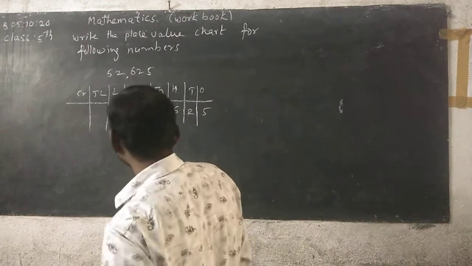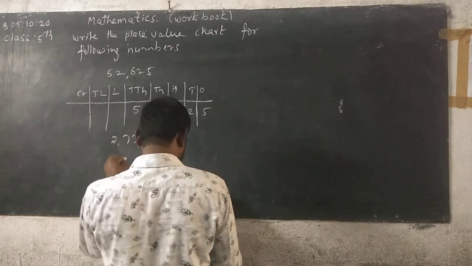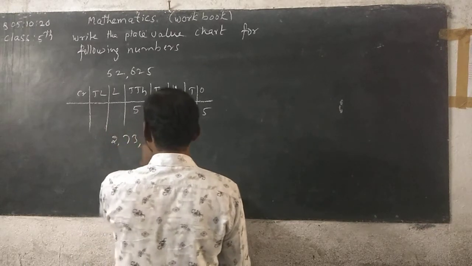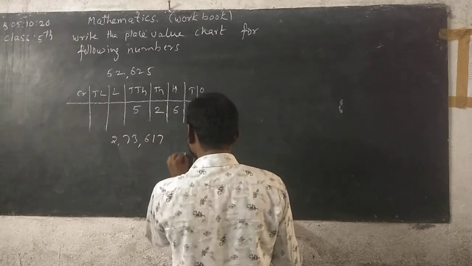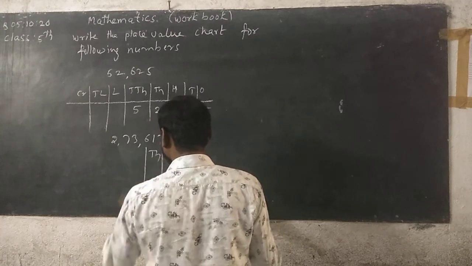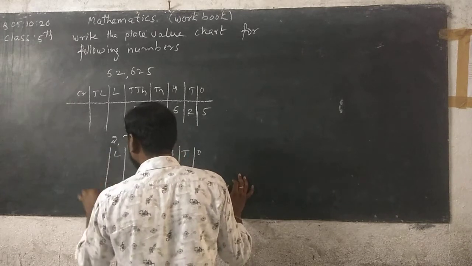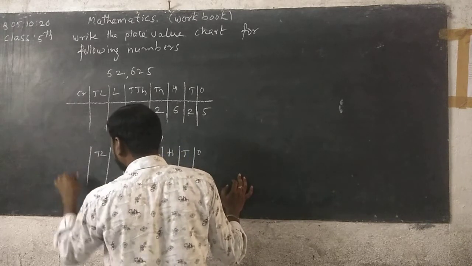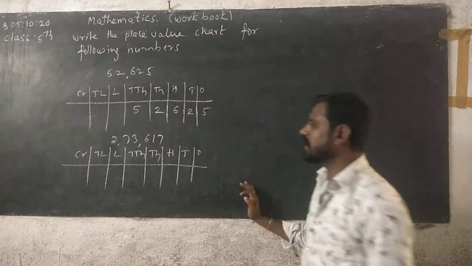Now next, see here, 2,73,670. So we can write ones, tens, hundreds, thousand, 10,000, lakh, 10 lakh, crore. See, we can start from lakhs.